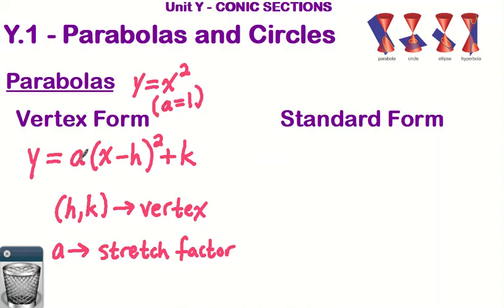But if you have some other a value, it vertically stretches it, or you could even say it condenses it, depending on your a value. And it also flips the parabola if a is negative.